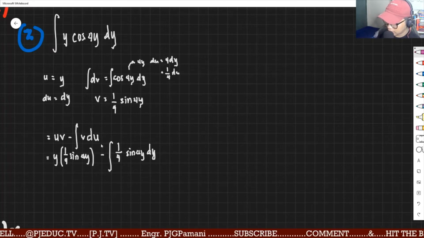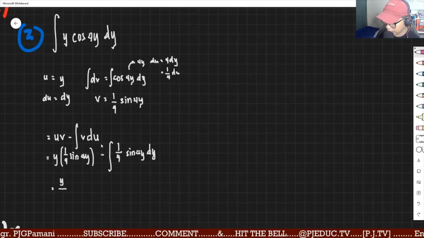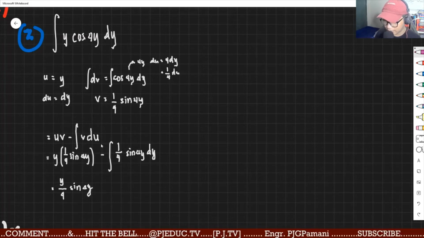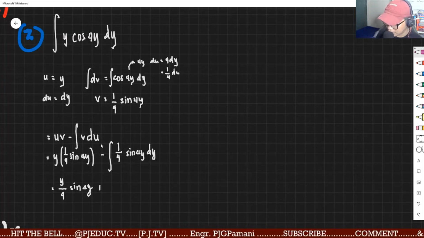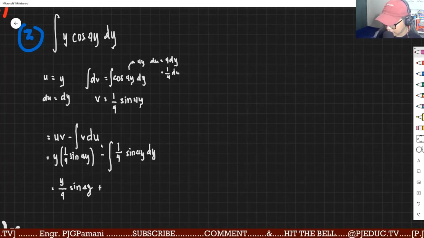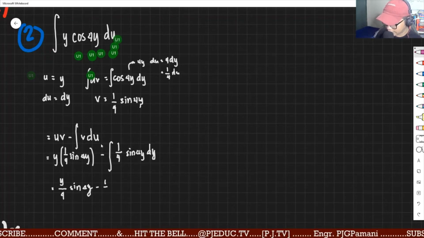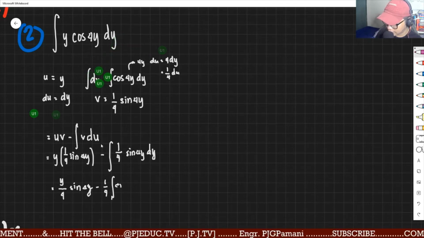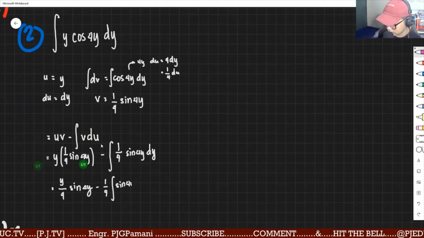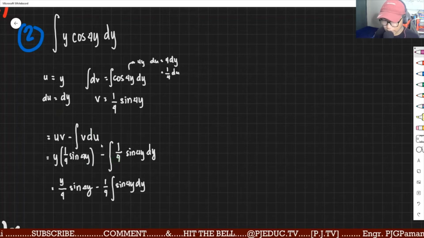Okay? So with that, simplify yung ating first term, which is y over 4 sine 4y. Tama? Plus, labas natin si minus muna. Minus 1/4 of the integral of sine 4y dy. Okay? Again, meron kang correcting factor.